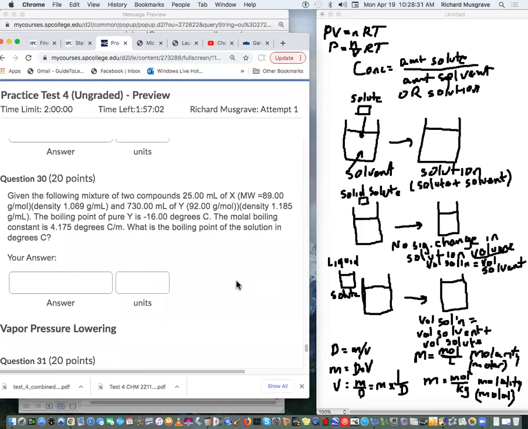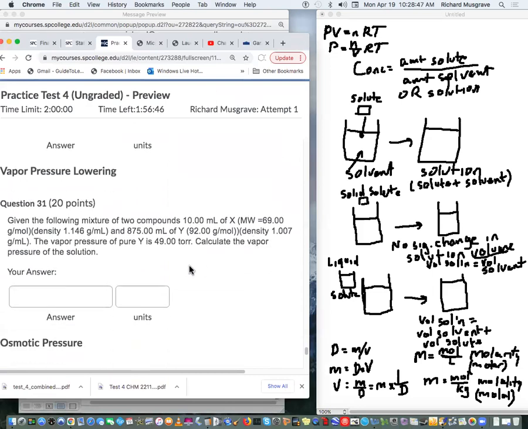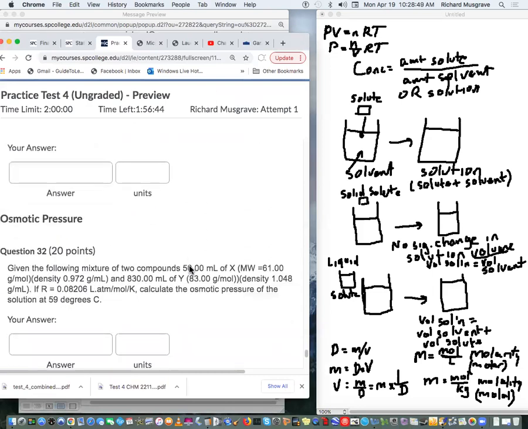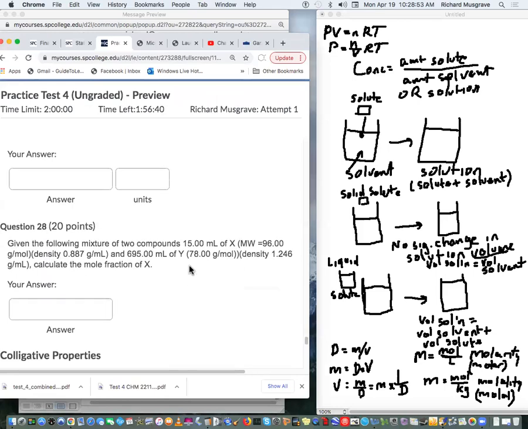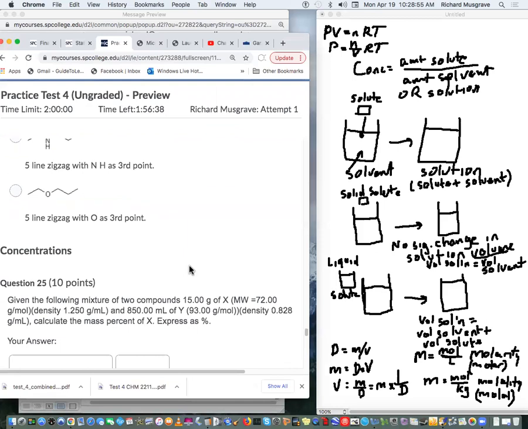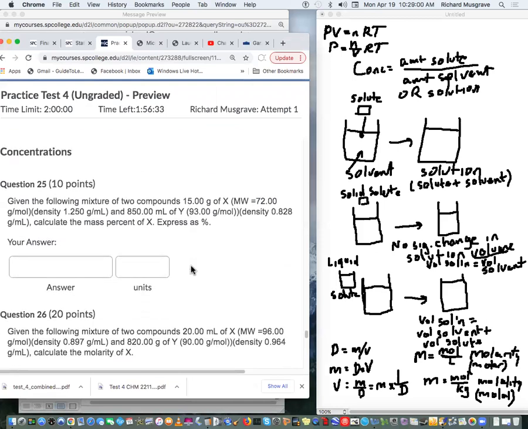In the next one, we're given a mixture again of X and Y, and again we have to find the molality and then calculate the new boiling point. Vapor pressure lowering, we have to do the same thing, and osmotic pressure. So those are all of the questions that relate to concentrations and colligative properties that you'll see on the test.